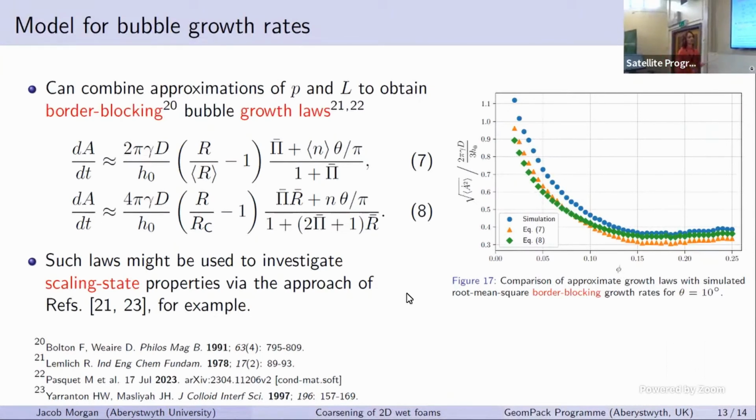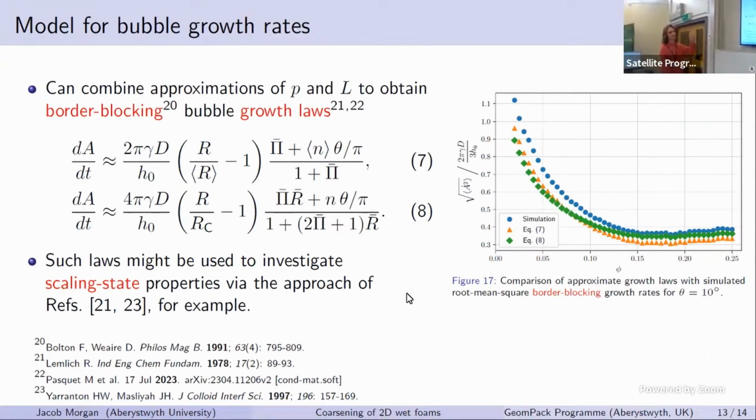So that's what one gets. That's equation 8. So multiplying the pressure approximation with the film length approximation that was argued for earlier, we can compare that with the simulation, just looking at the root mean square growth rates. The agreement is not great, but it nevertheless indicates that it is not wholly incorrect.